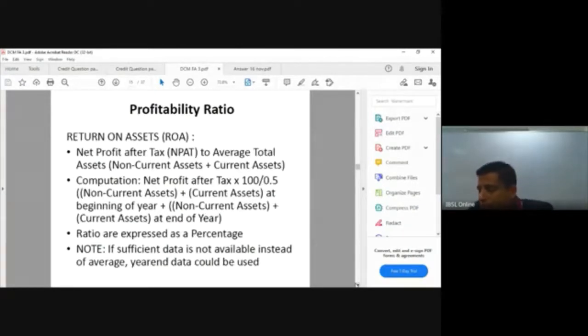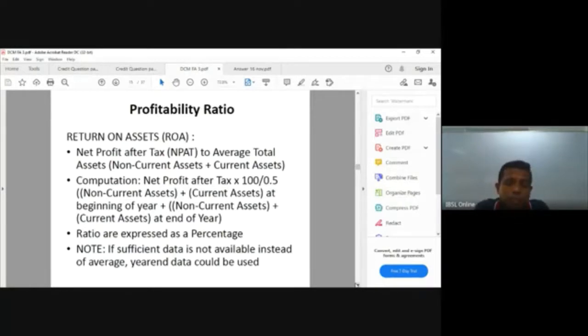We will do at least 2 questions. Then under profitability, another ratio is return on assets. Here also you have to take the net profit after tax.